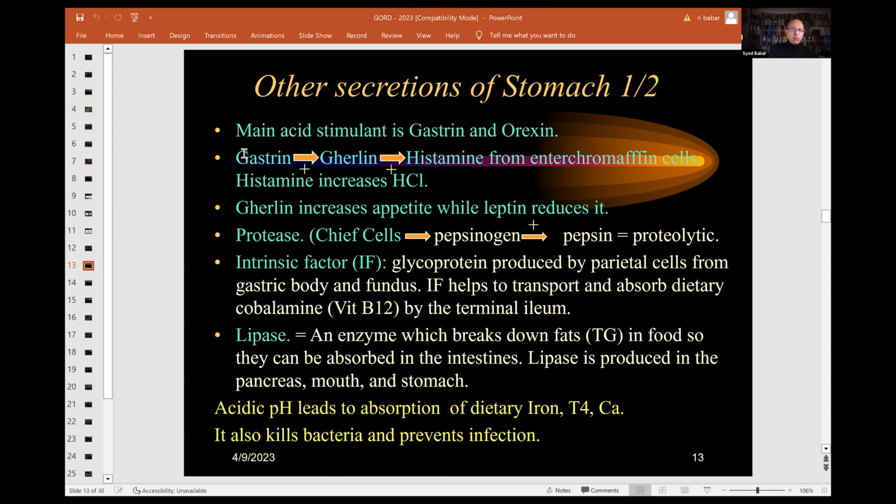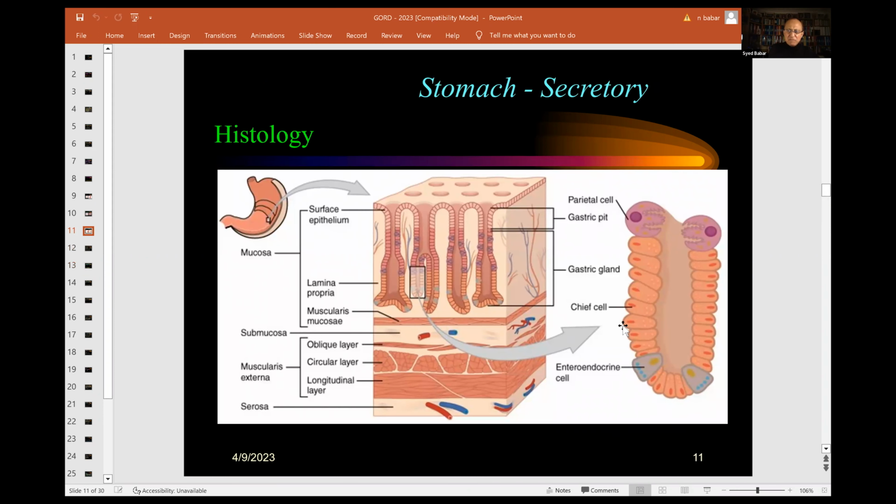So gastrin works through ghrelin and activates histamine from the enterochromaffin cells. And that then causes the histamine to increase hydrochloric acid production. Going back again, remember that this is the enterochromaffin cell, and that's the region of the parietal cell, and that is where everything is leaked into, which is the cavity.